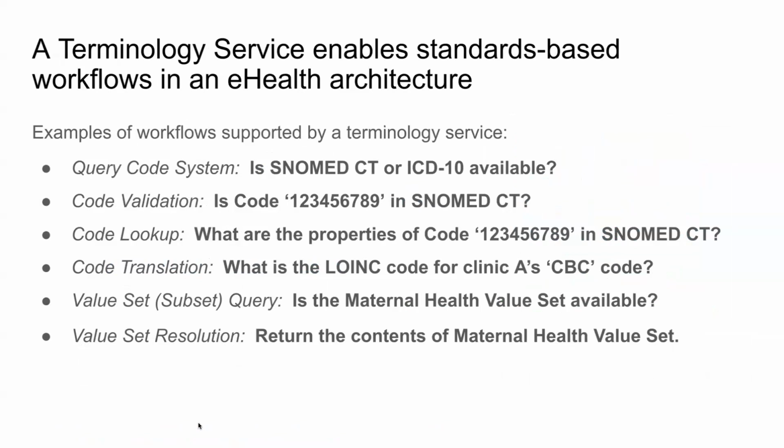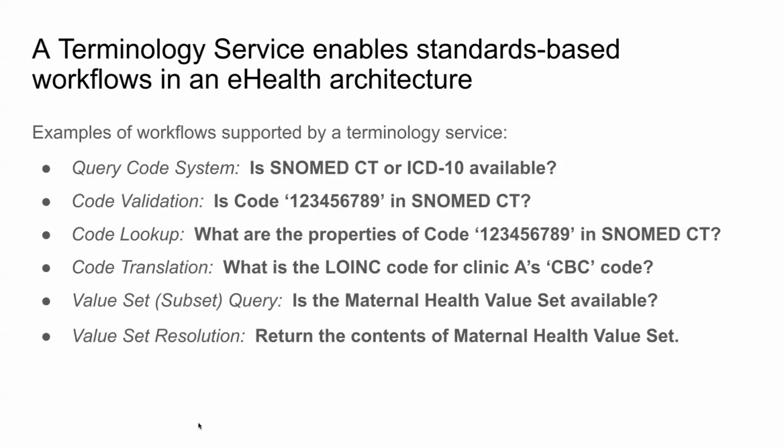And so that query code system is the first. Code validation is, is a specific code available in a code system, or a lookup: what are the properties of this code in a particular code system? Code translation is, what is the standard code, like a LOINC code, for this local code that I have in my patient record, such as a CBC code from a particular facility.